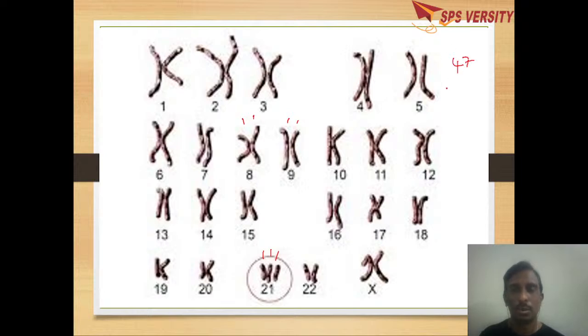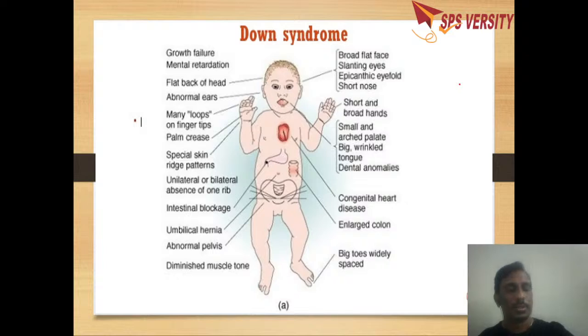That means if you take autosomes, the autosome count will be 45 and the sex chromosomes will be 2. So 45 plus 2. So here you can see the symptoms: growth failure, mental retardation, flat back of head, abnormal hair, special skin, intestinal blockage, hernia, abnormal pelvis, big toes, enlarged colon, congenital heart disease, wrinkled tongue.